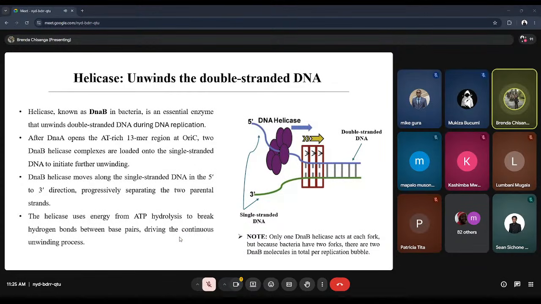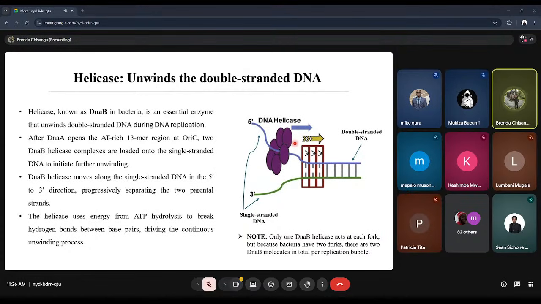So what you see here is DNA helicase. Okay? And in bacteria, it is referred to as DNA-B. So in bacteria, the enzyme helicase, which is the enzyme that breaks the hydrogen bonds between the strands of DNA, is also referred to as DNA-B.